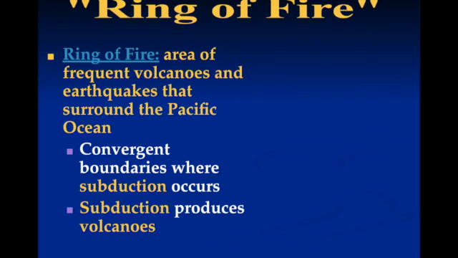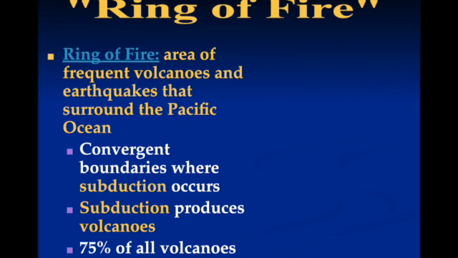There it is again. Subduction produces volcanoes. So if you can remember that, if one of the two plates in a convergent boundary is an ocean plate, then there's going to be subduction. Subduction for sure is going to cause volcanoes. And the other thing it's going to cause is deep ocean trenches too. But that doesn't necessarily mean that it's going to contribute to a ring of fire, because there's not much going on with a trench that's going to cause something that you would think of as a fire.